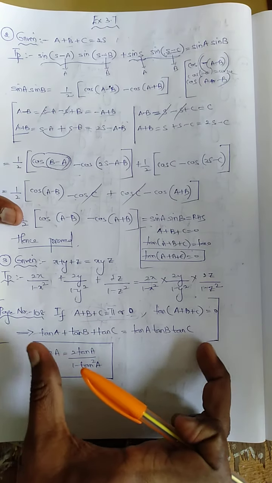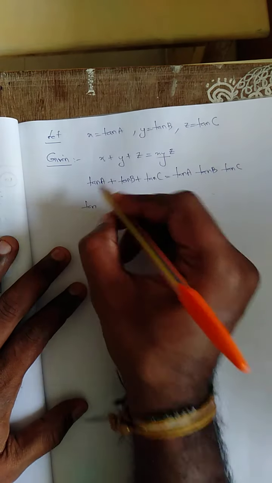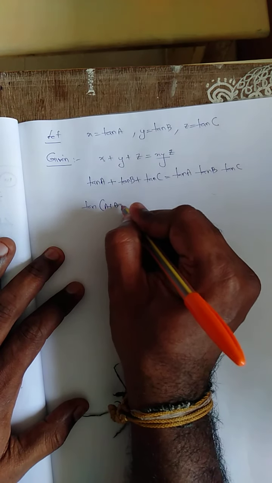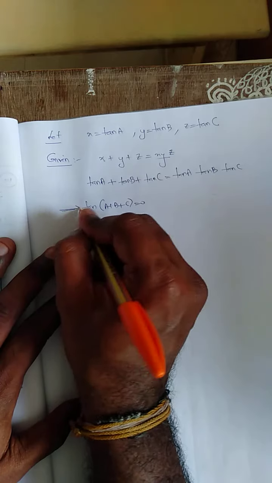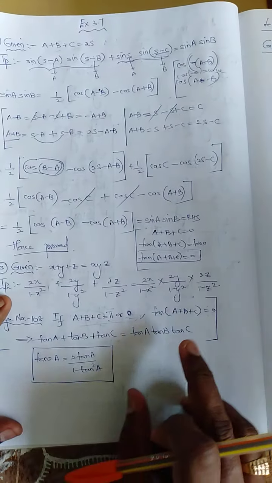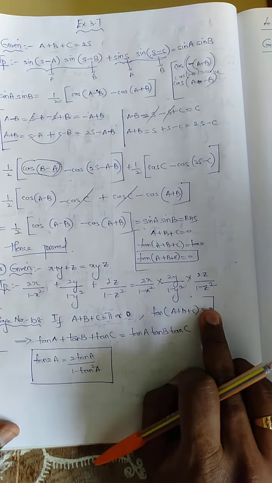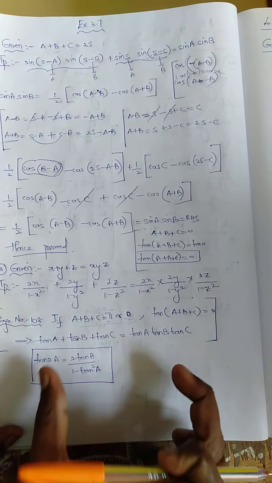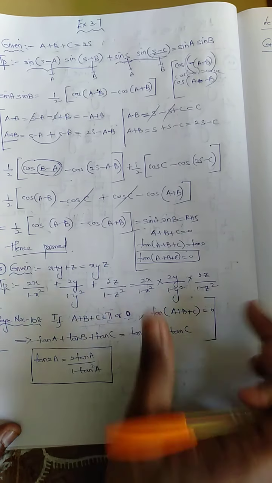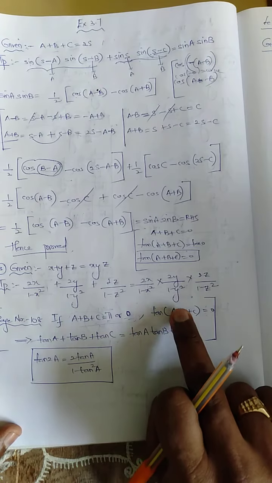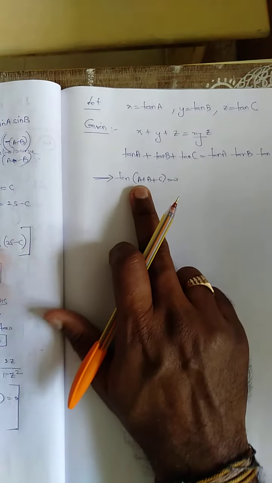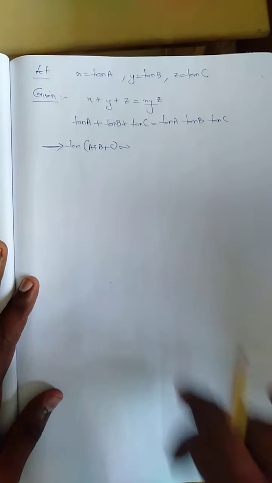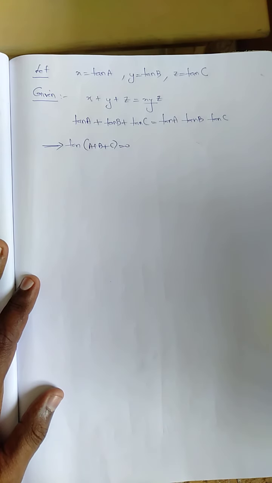So as we got this result, we can write tan of a plus b plus c is equal to 0. So we have written tan of a plus b plus c equal to 0.